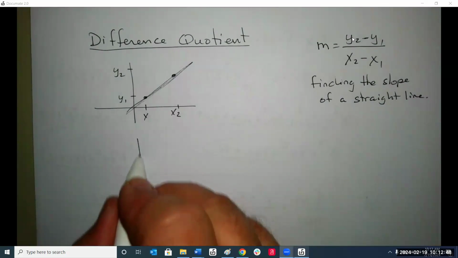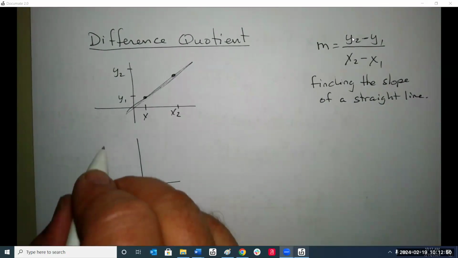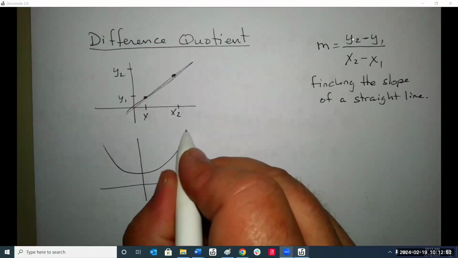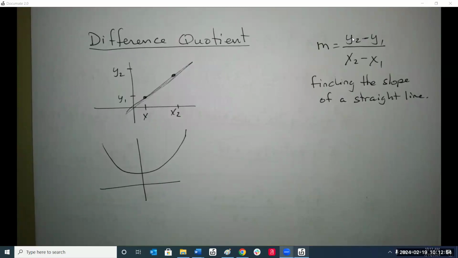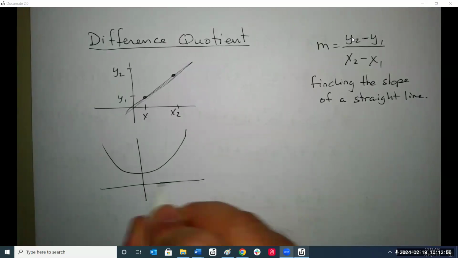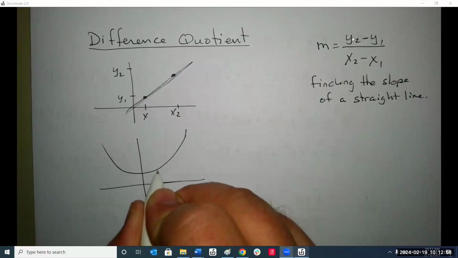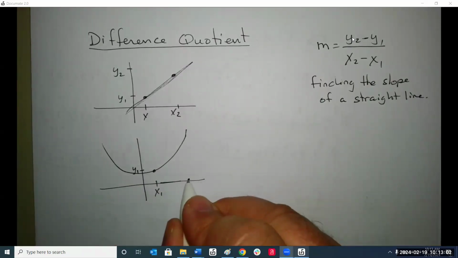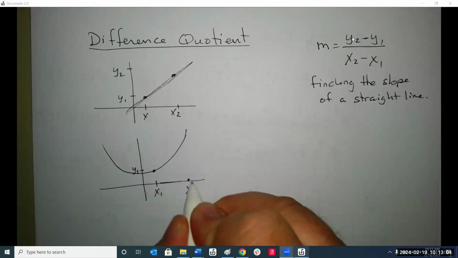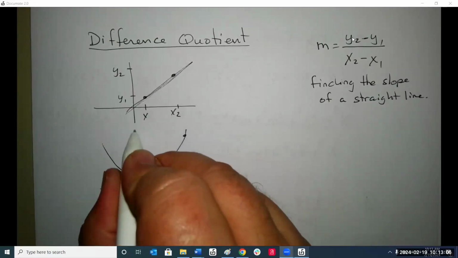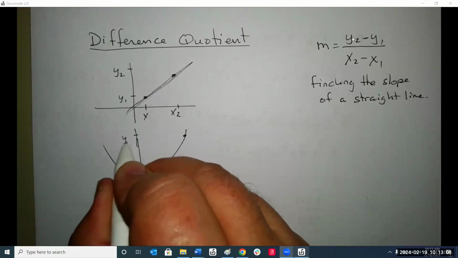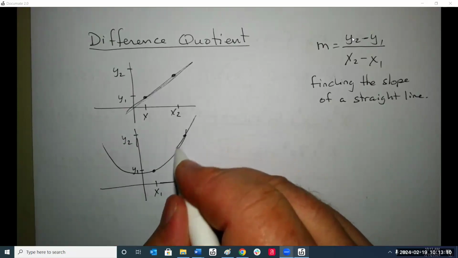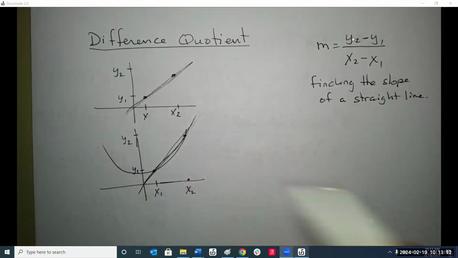But as we've seen, what if we have a curve where x1 is here, x2 is here, does that find me the slope of the curve?